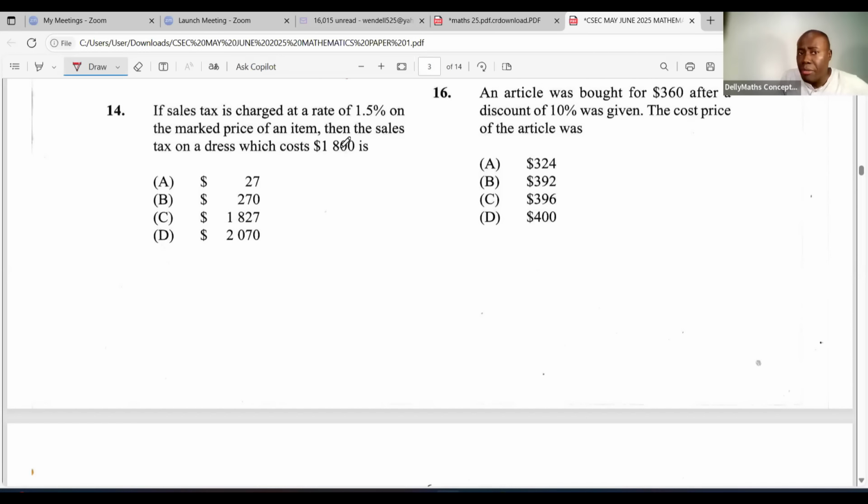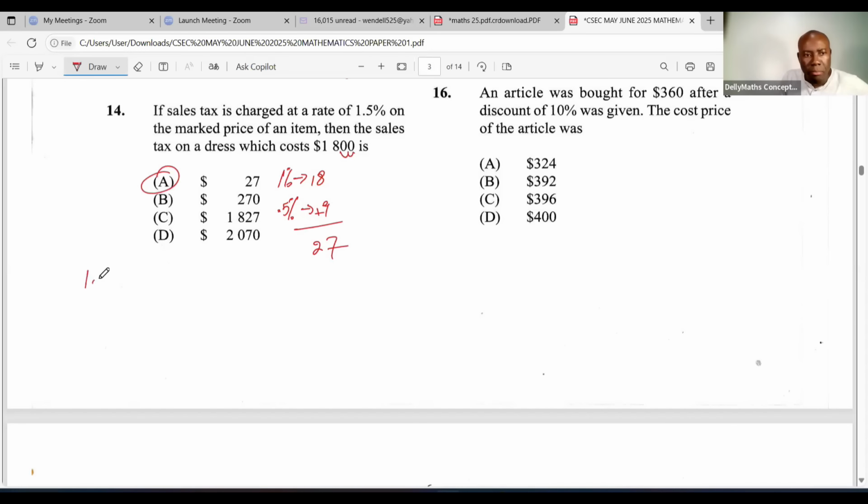So 1% is 18. Half a percent is 9. Together, the answer is 27. That's the easiest way to go about it.